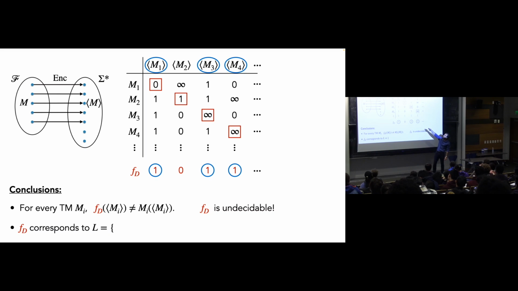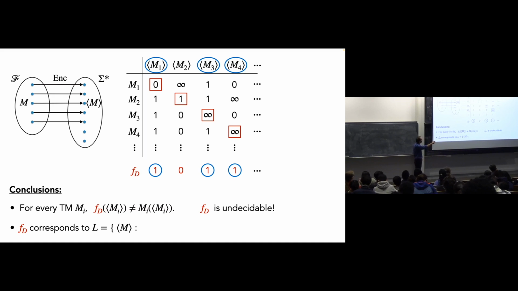So for all those strings, this consists of encodings of Turing machines M such that when I run that Turing machine on its own source code as input, it's either 0 or infinity. Let me write that down. So it's the encoding of all those Turing machines such that when you run M on M, it's either 0 or infinity.